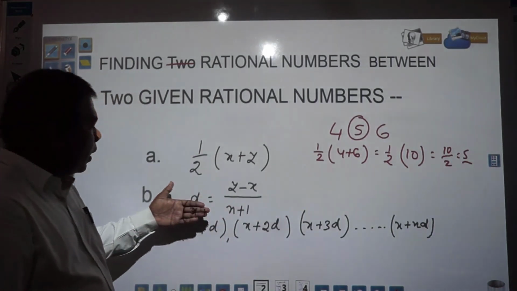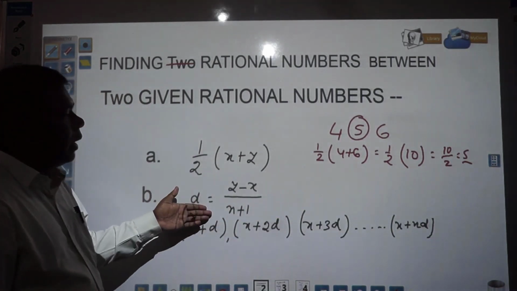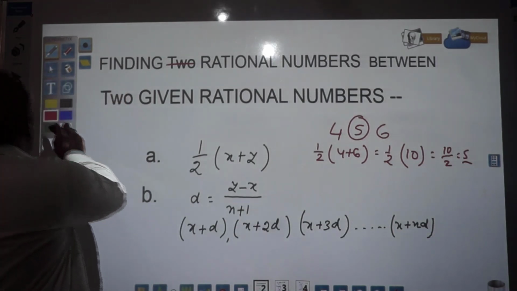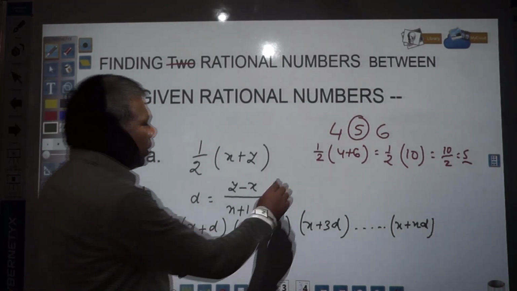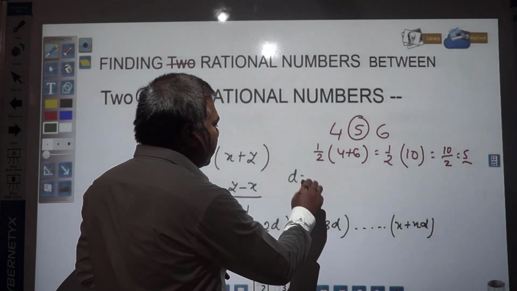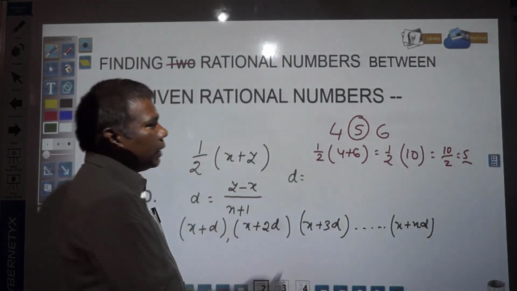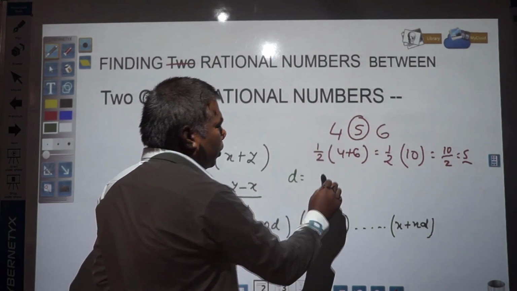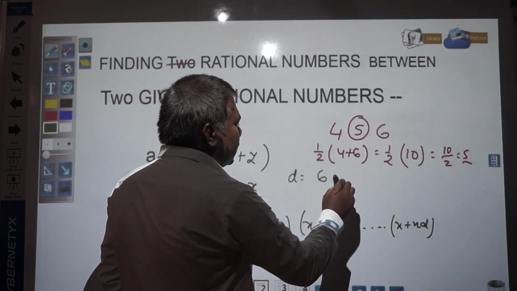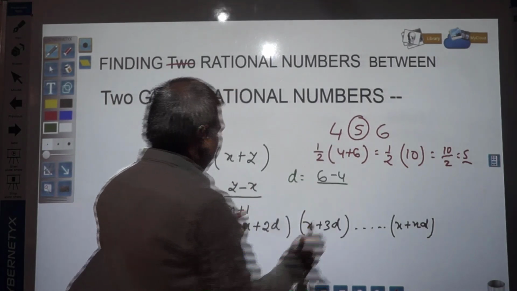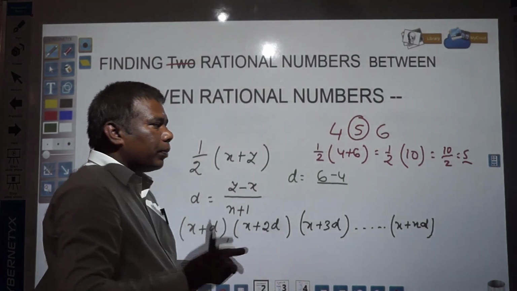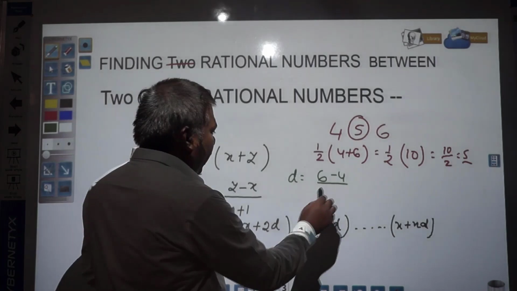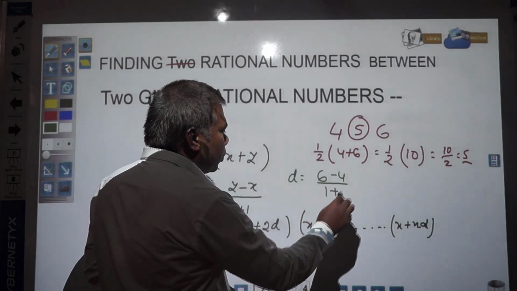Now if we apply the second formula to the same question, first you need to find d, which is y minus x. Here y is 6 and x is 4, so 6 minus 4 divided by n plus 1. To find one number in between, n is 1, so n plus 1 is 2.